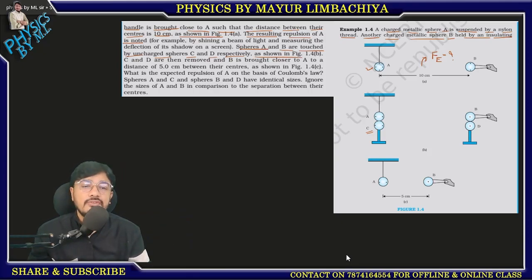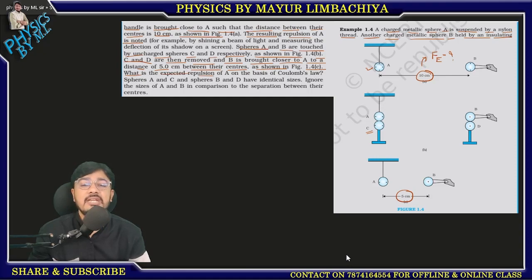Now, as shown in figure 1.4b, C and D are then removed and B is brought closer to A to a distance of 5 centimeters. So after making contact with the uncharged spheres, the charged sphere B is brought closer to A, and the distance between their centers will now be 5 centimeters, half of the previous distance, as shown in figure 1.4c.